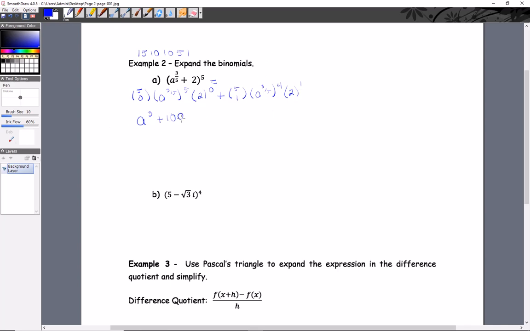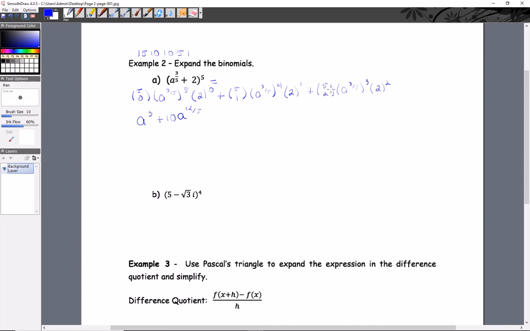This will be 10a to the 12/5. Strange exponent, but we'll continue. So the next thing will be combination 5 things taken 2 at a time, and that'll be times a to the 3/5 raised to the 3rd, and then that'll be 2 squared.